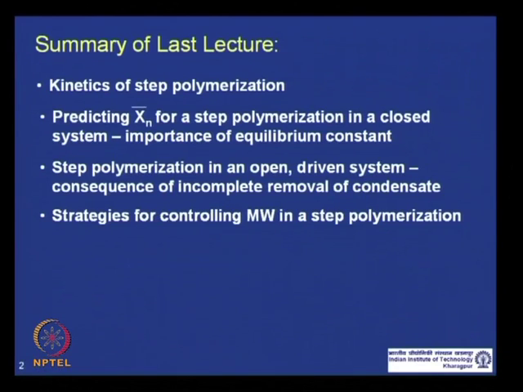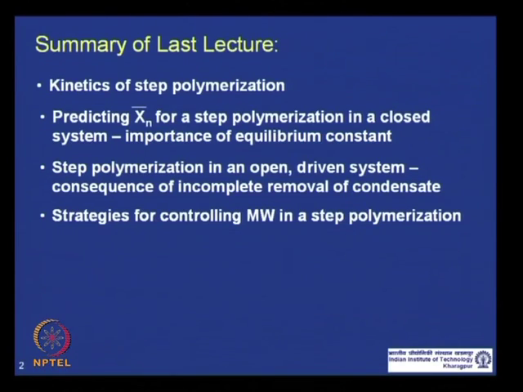we understood that it is not always possible to take out 100% of the condensate which is getting produced in the reaction. So, we found the quantitative relations between the amount of condensate present at the end of the reaction and the degree of polymerization, along with its relation to the equilibrium constant, and we have seen that unless we have a quite high value of equilibrium constant, we have to bring the residual value of the condensate down to a very low level to build a high enough molecular weight.